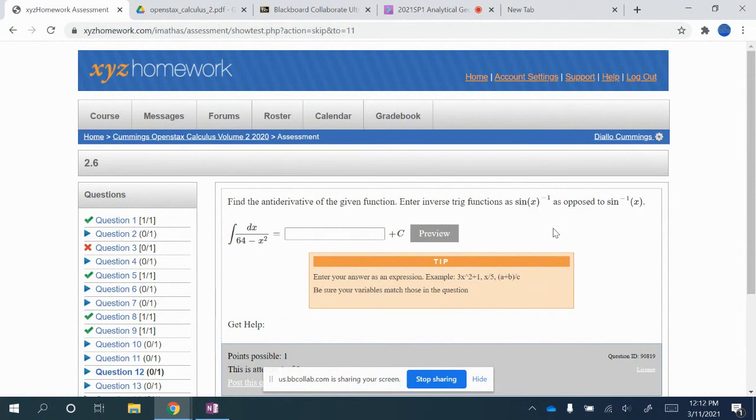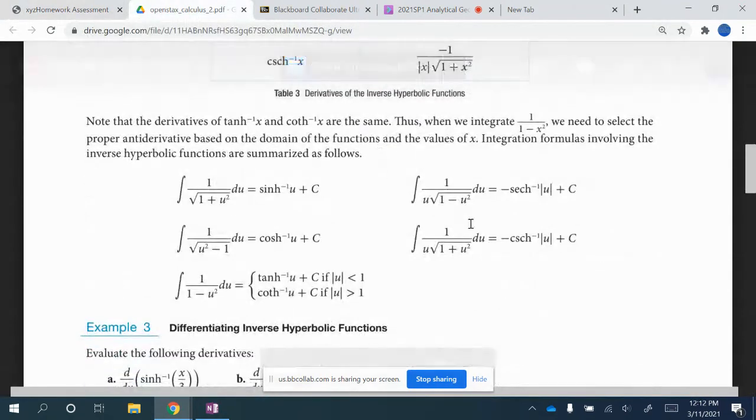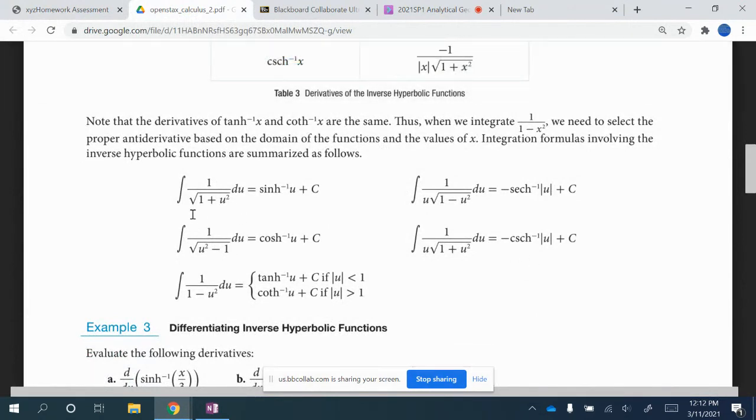All right, so let's take a look at the formulas. So here are the formulas. Notice we must find the form in which our problem is given. For the first one, in the denominator, we have the square root of 1 plus u squared.